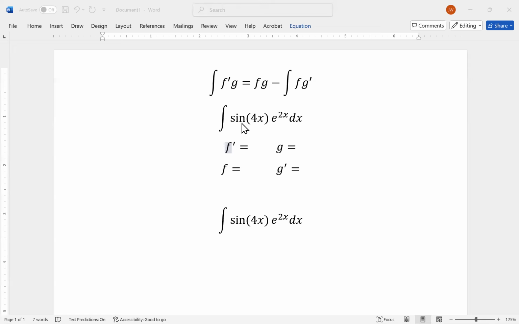When I start taking derivatives of sine of 4x, I'll get cosine of 4x times 4, then negative sine of 4x times another 4, so that'd be times 16, and then another derivative will give me negative cosine of 4x times another 4. So when I start taking derivatives of trig functions, they don't go away either.